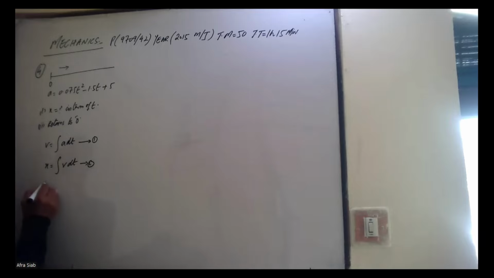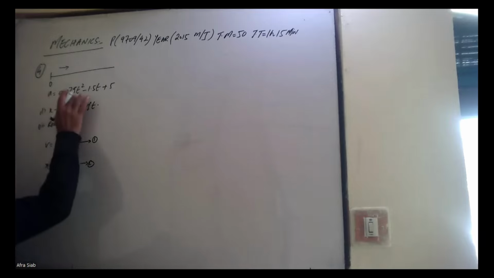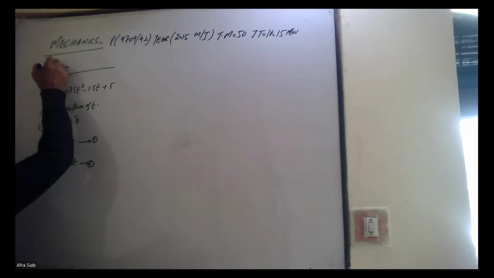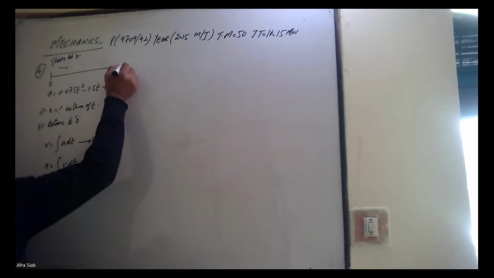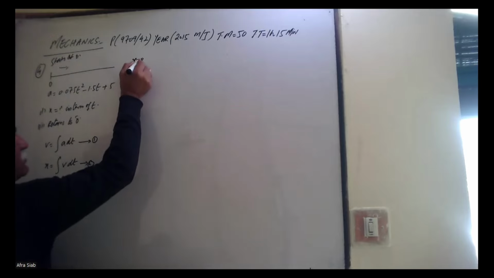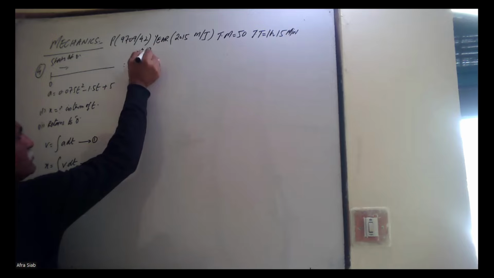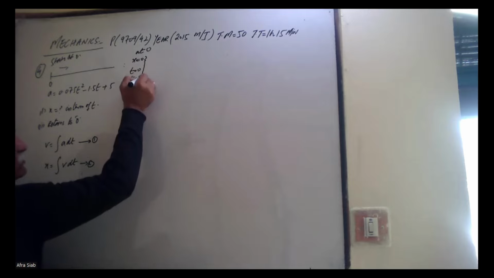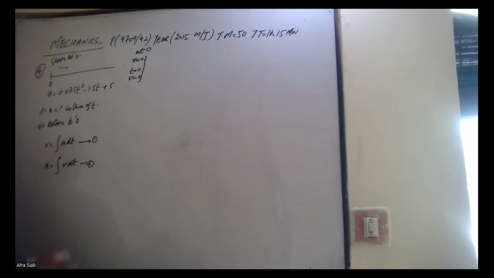So acceleration is basically equal to 0.075 t square minus 1.5 t plus 5. Since it starts at O, so that means displacement is 0 at O, time is 0 there, and the velocity is 0 there. So we will use these conditions in this part there.